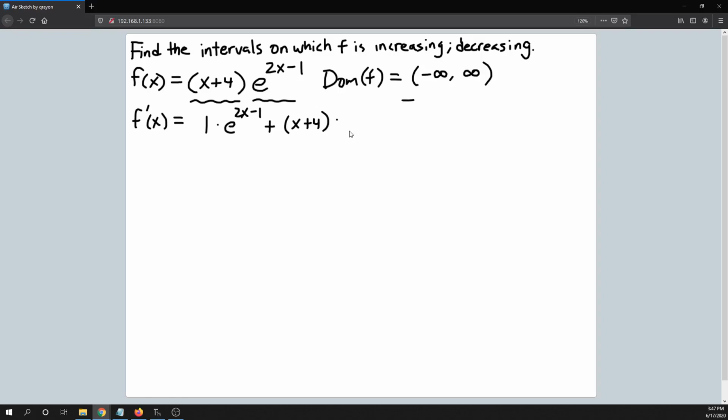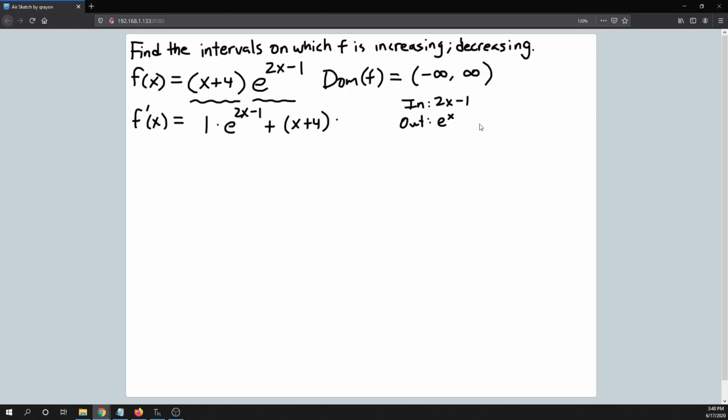That function has an inside part of 2x - 1 and an outside part of e to the x. In other words, this function e to the 2x - 1 was formed by taking the function 2x - 1 and plugging it into the e to the x function, or it's the composition of those two functions. So we would use the chain rule.